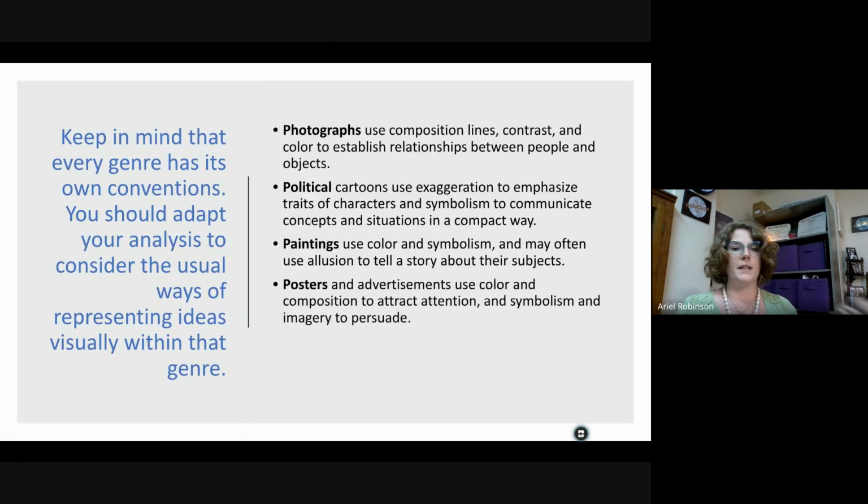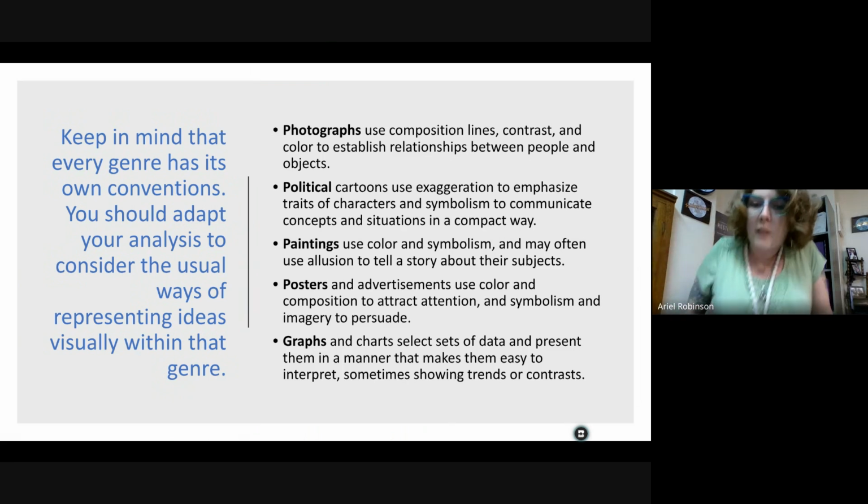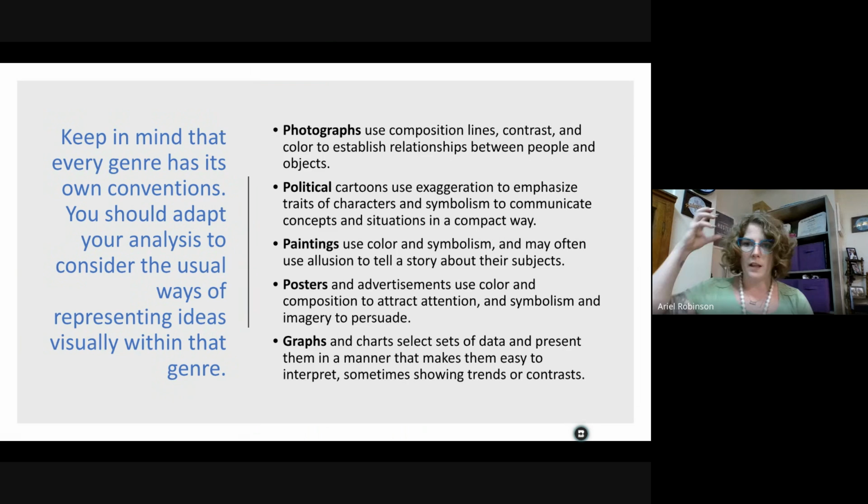So things to keep in mind is that photographs use composition lines, political cartoons use exaggeration, paintings use color and symbolism. Like Bad Bunny, when he did the Super Bowl, he had the line workers in Puerto Rico to represent the grid that's down in Puerto Rico.